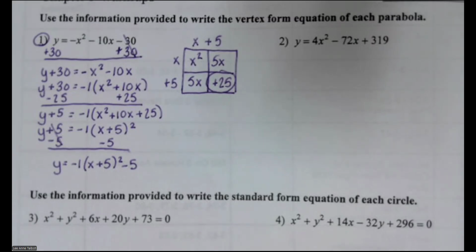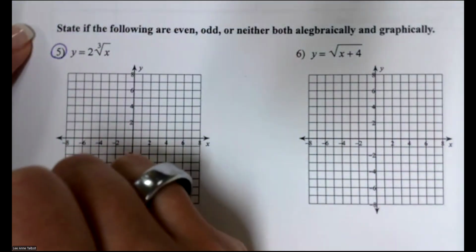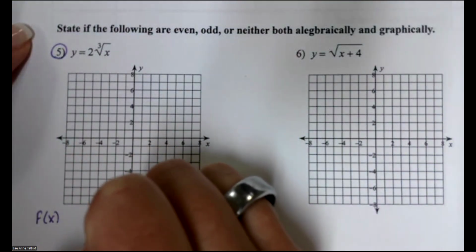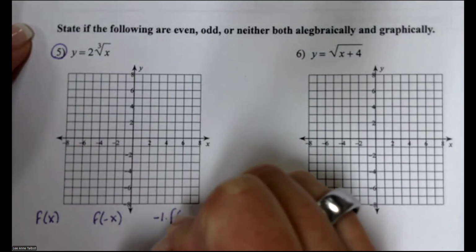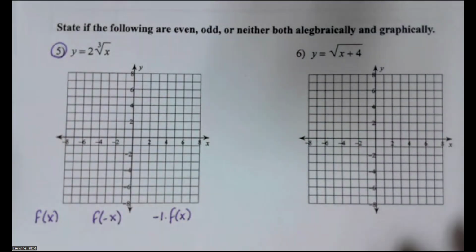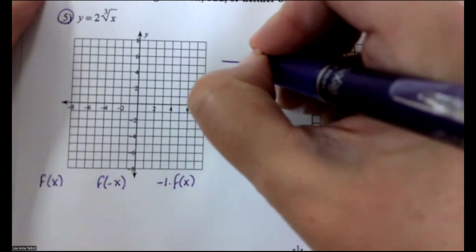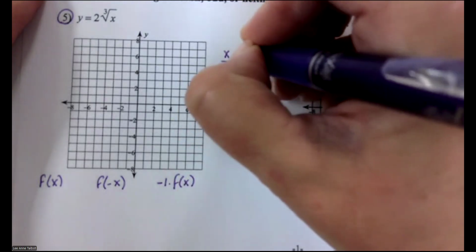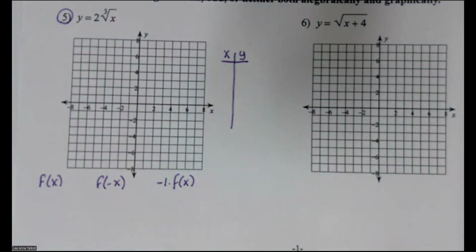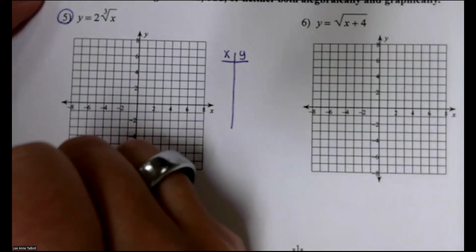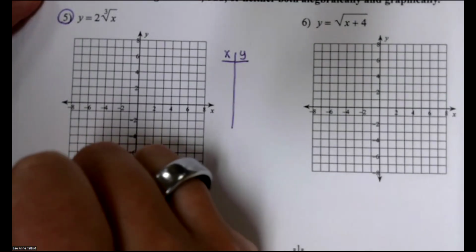Okay, once you're situated, scooch yourself down to number 5. So first thing I do is write these 3 things. Then I write the original, which is 2 times the cube root of x.